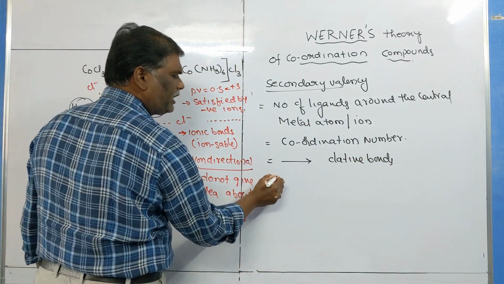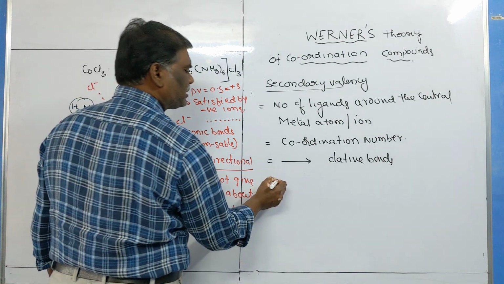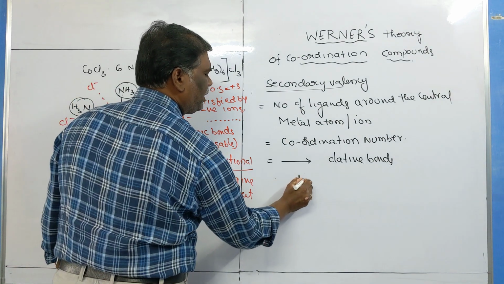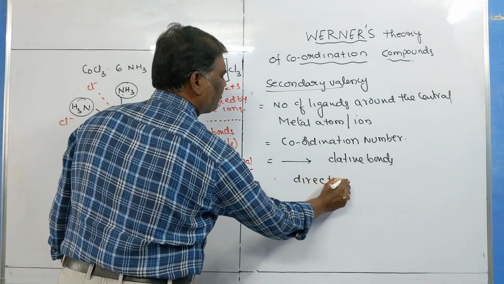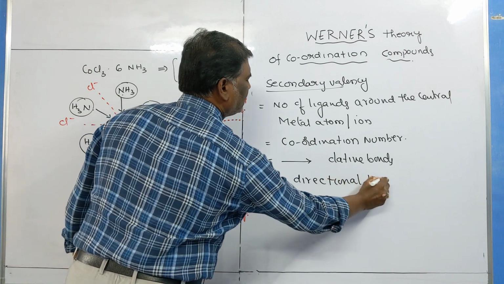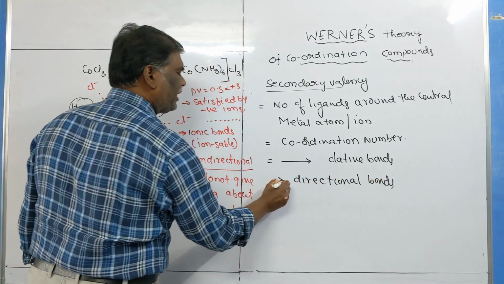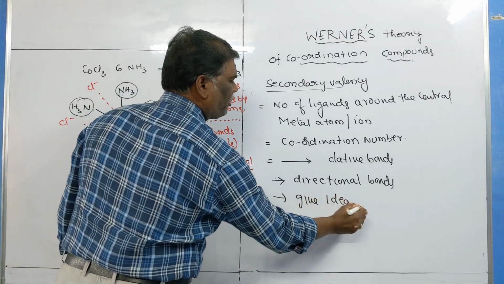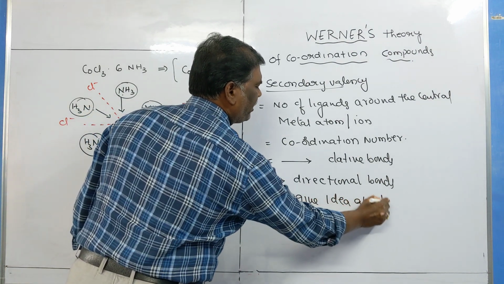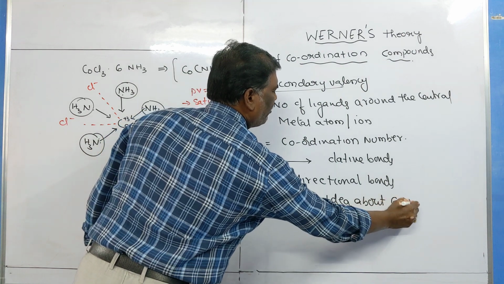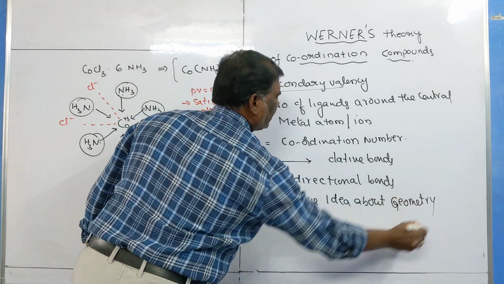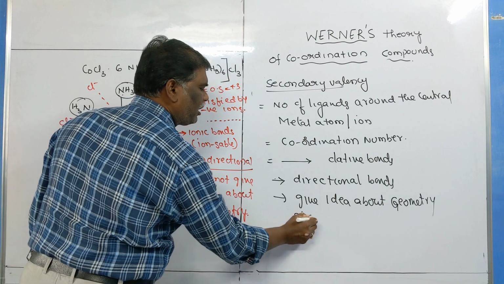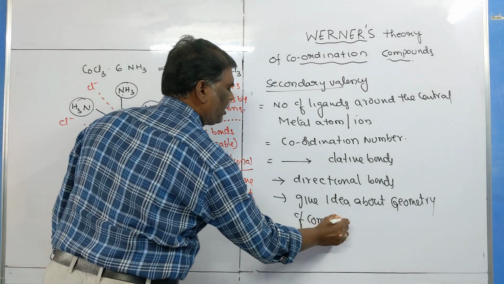You know, a dative bond is a kind of covalent bond. So these bonds are directional. Because dative bonds are directional, they give an idea about the geometry of the complex.